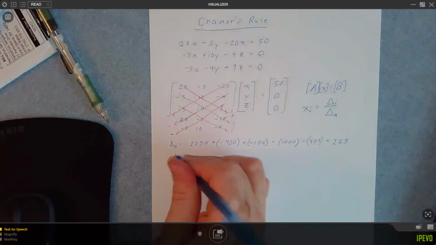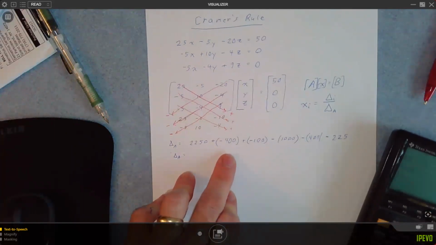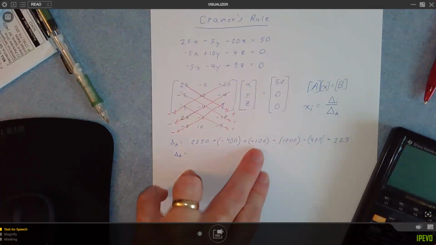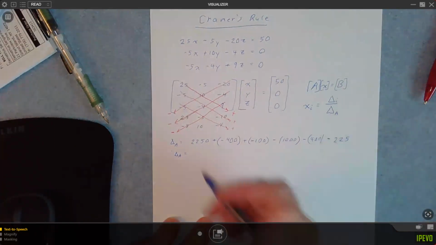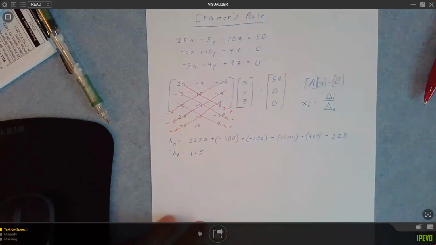So the determinant of A is equal to, I'm going to add these up here: 2250 minus 400 minus 100 minus 1,000 minus 400 minus 225. Yeah, this is 125. That's the determinant of A, 125.